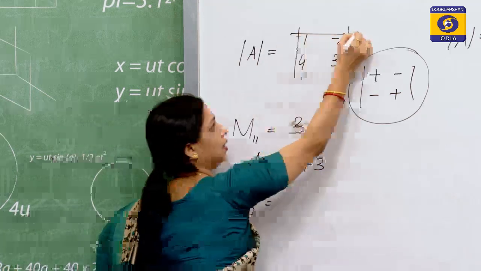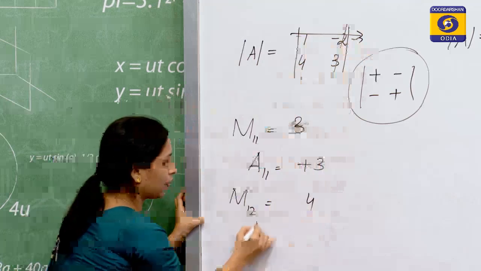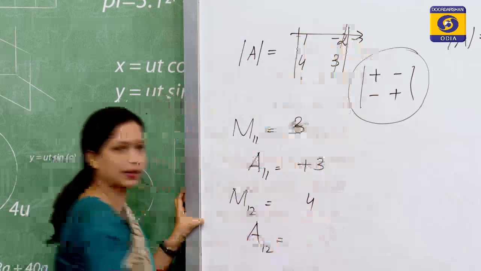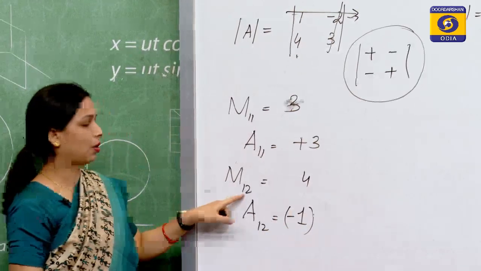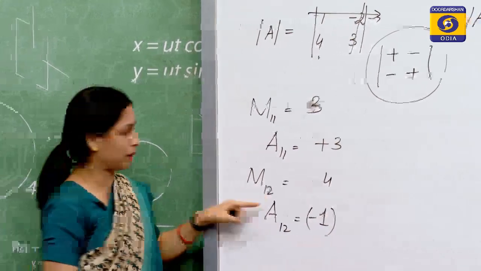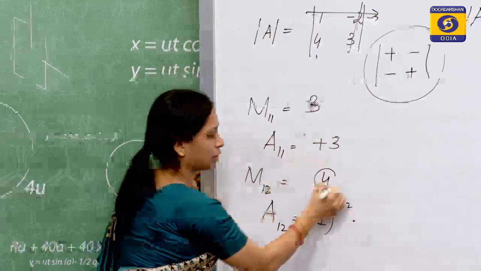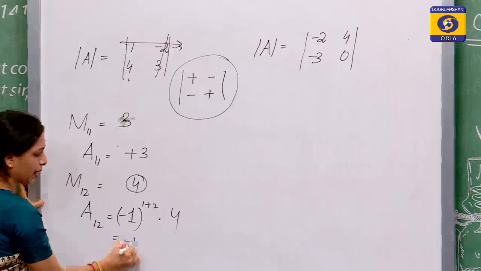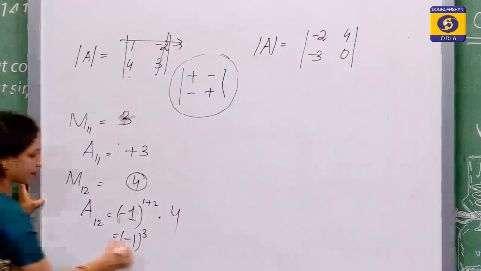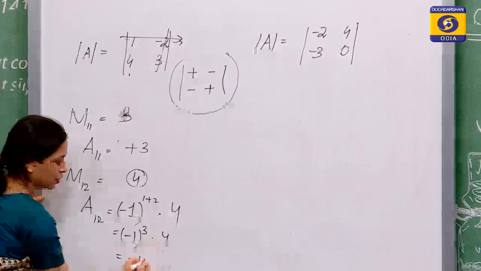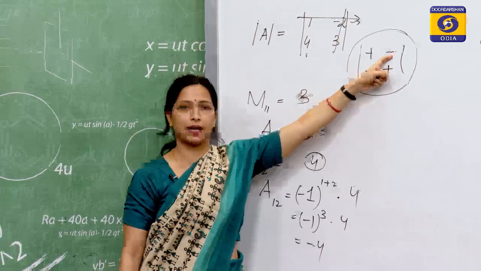So, we delete the row and the column, the resultant is 4, right. Now, how do we find out the cofactor? Minus 1 to the power the row number plus the column number. So, 1 plus 2 into the minor, minor is what? 4. So, minus 1 to the power 3, that means the sign will be minus.